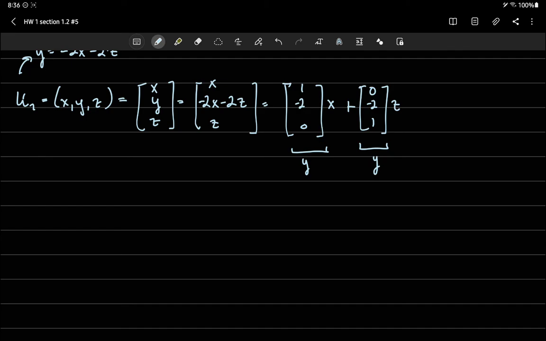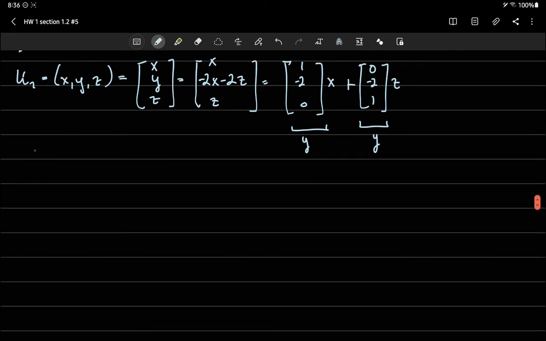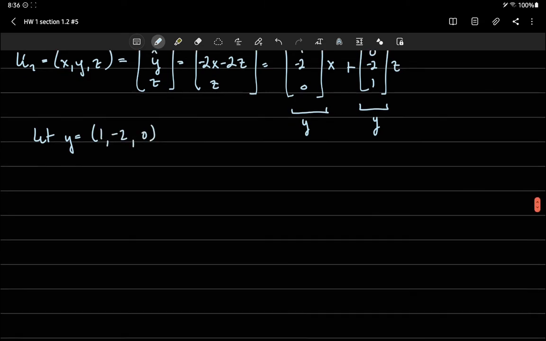Alright, so these two vectors are able to be y. So let's just take the first one for convenience sake. So let y equal 1, negative 2, and 0. So length of y is just the square root of 1 squared plus negative 2 squared plus 0 squared.